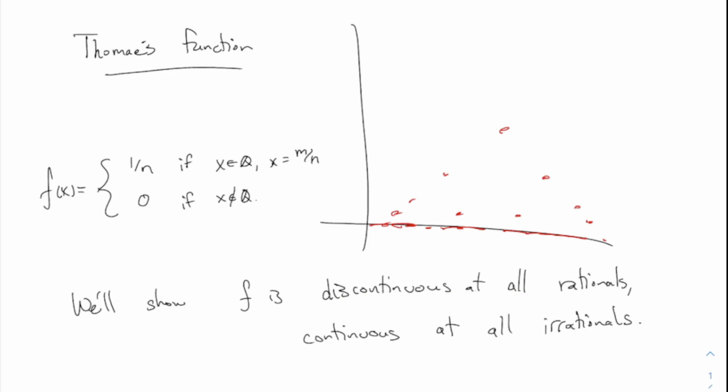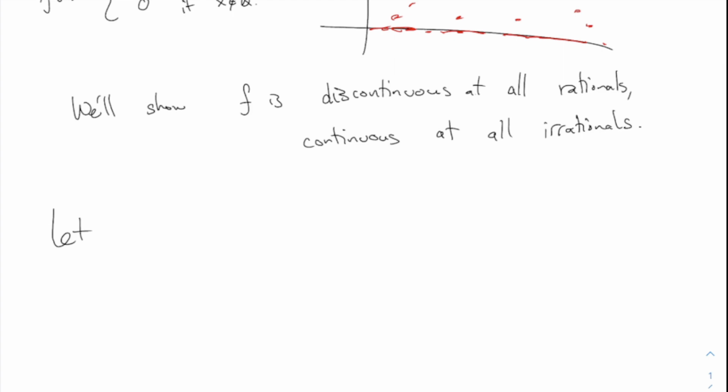So let C be rational, and then I want to show f is discontinuous at C, right? Anybody remember how we show something is discontinuous? I know it's been over the weekend.